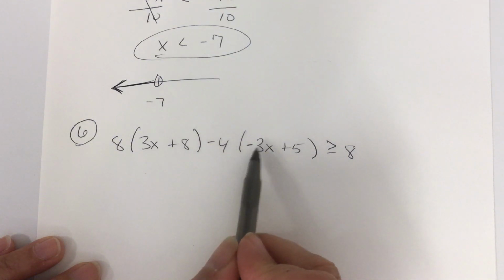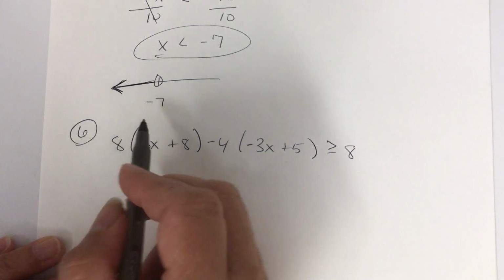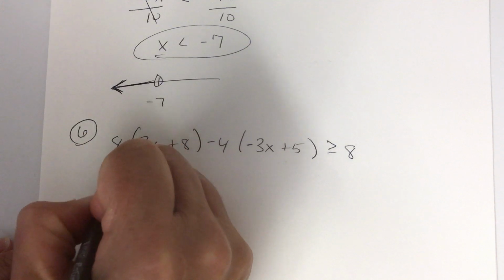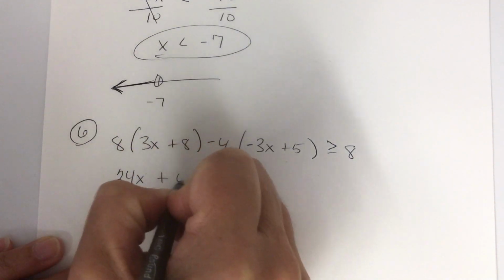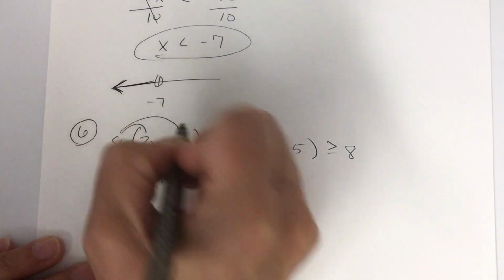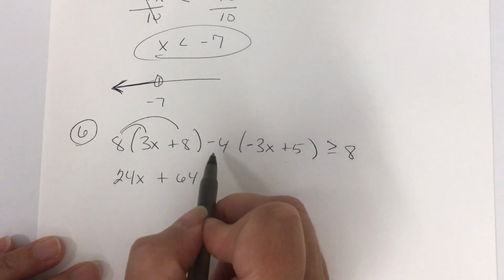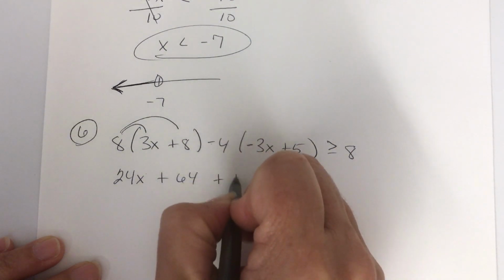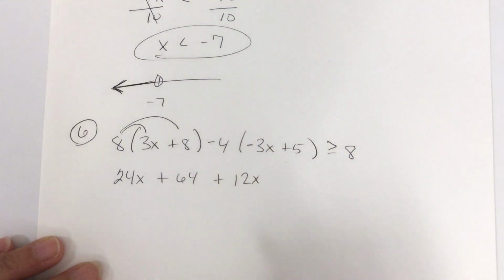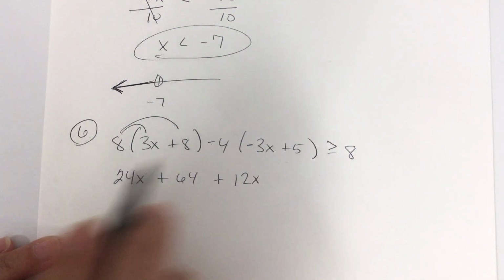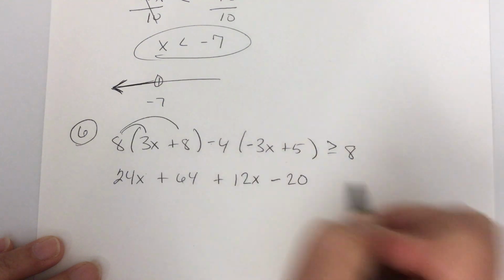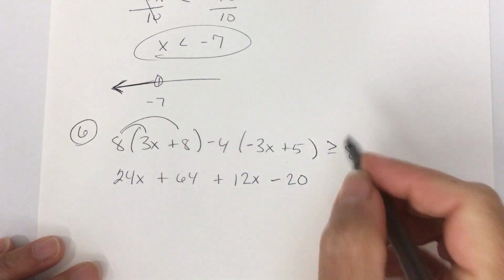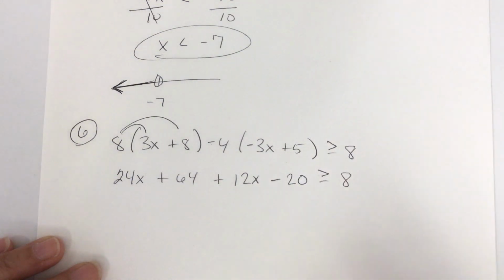You have a minus that has to go with both of them. So I'm going to start by distributing everything. So this is 24x plus 64, because you got to take 8 times 3 and 8 times 8. Then this minus goes with both things. Minus a negative is plus a positive 12x. A negative 4 and a 5 is negative 20, so it's minus 20. Then greater than or equal to 8.